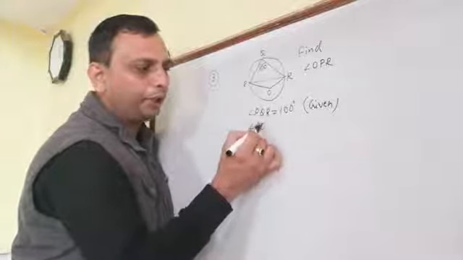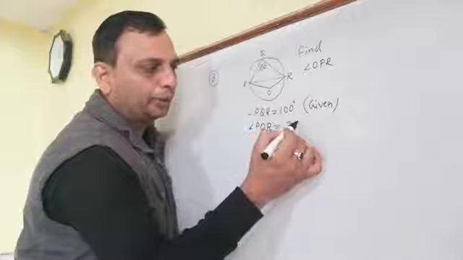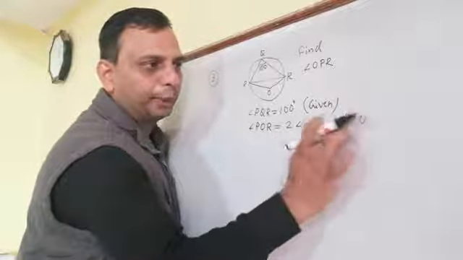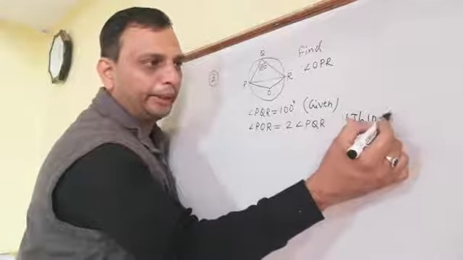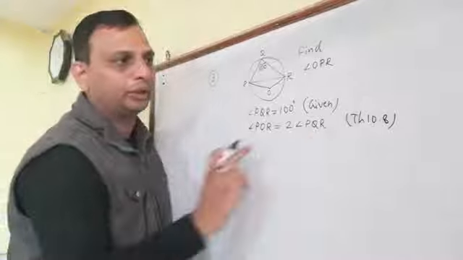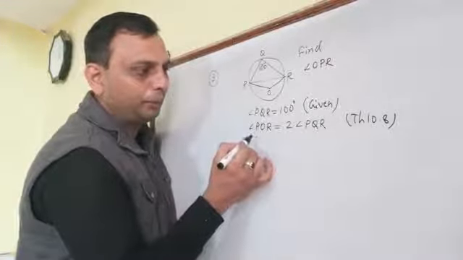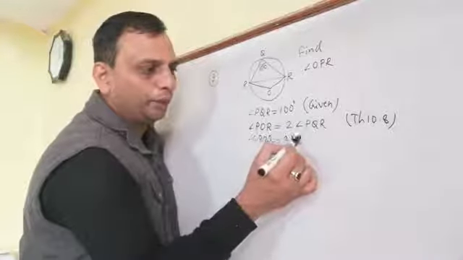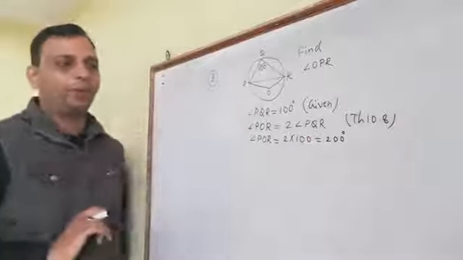The angle POR will be 2 times angle PQR, and again you will write the statement of theorem 10.8 here. I told you to write the theorem statement, not just write theorem 10.8. So POR will be 2 multiplied by 100, which is equal to 200 degrees.